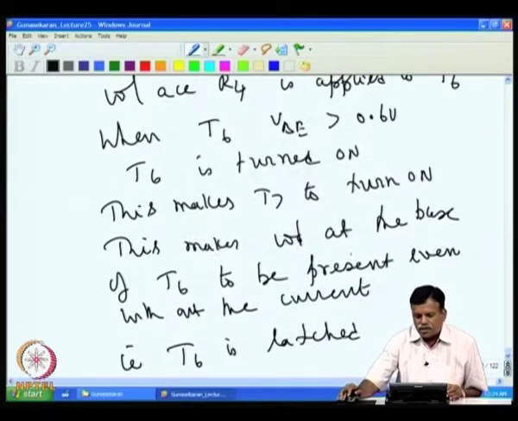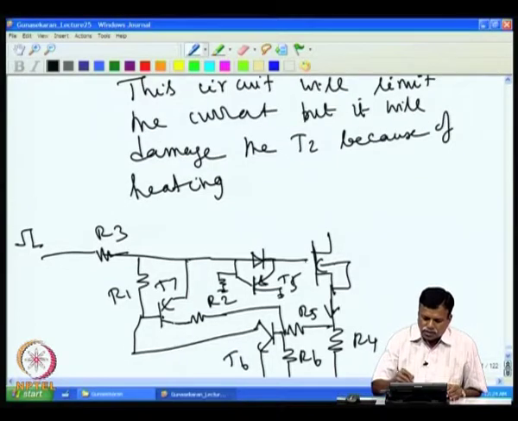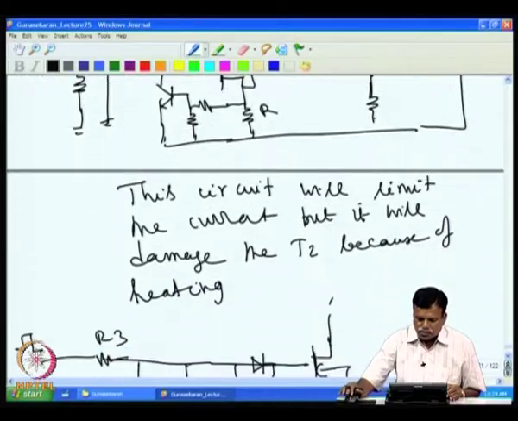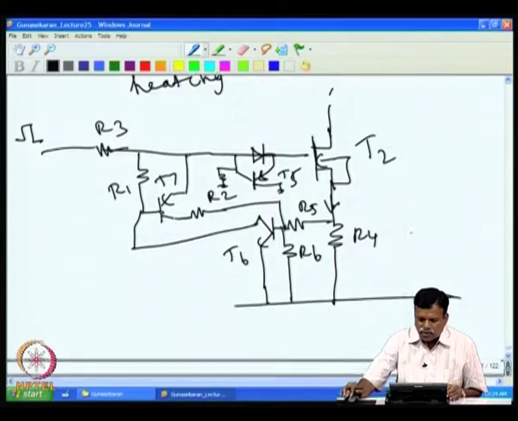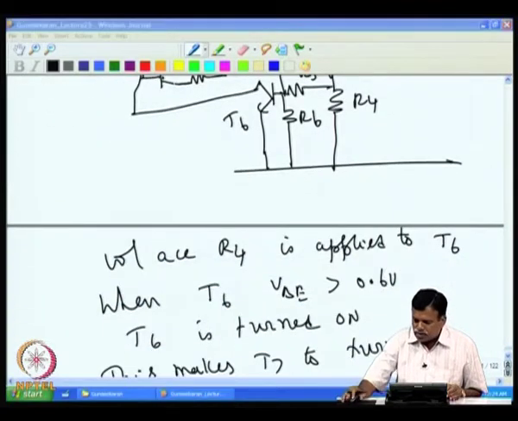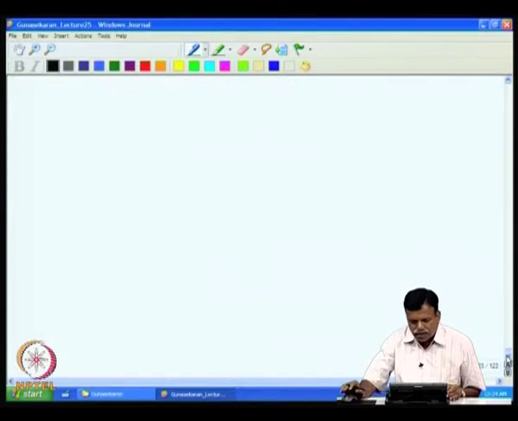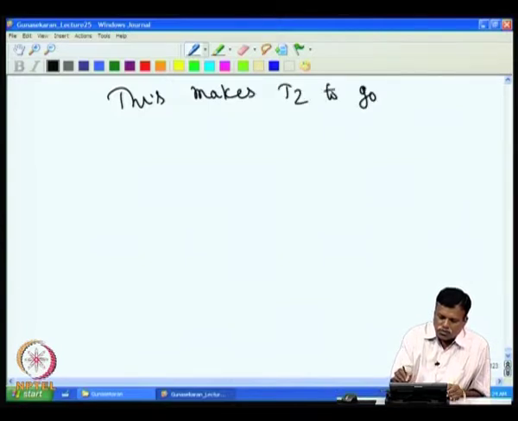That means our power transistor, that is this one, I think this power transistor is named as T2. So, the power MOSFET T2 will be off. This makes T2 go off.